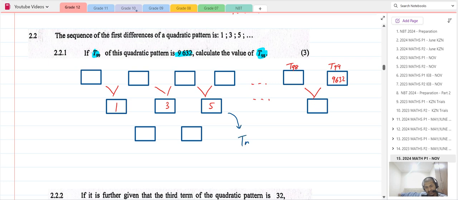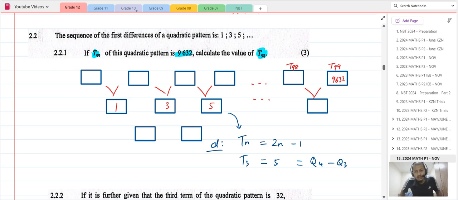So we can say the first difference pattern is Tn, we are adding 2 each time, so 2n minus 1, because it's a pattern for odd numbers: 2 times 1 minus 1, 2 times 2 minus 1, 2 times 3 minus 1, 2n minus 1. If I work out term 3, I'm getting 5, and 5 is the difference between quadratic pattern number 4 and number 3.